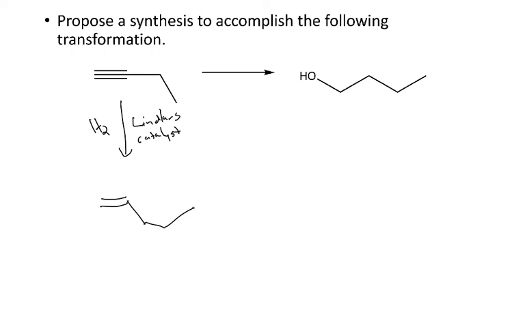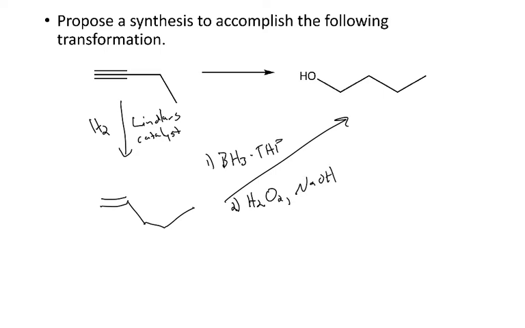And now once I have this, I want to add an OH, but I want to do anti-Markovnikov addition. So if I do BH3, THF, and then for the oxidation, hydrogen peroxide and sodium hydroxide, I'll do the anti-Markovnikov addition of an OH and an H, and that will give me the desired product.